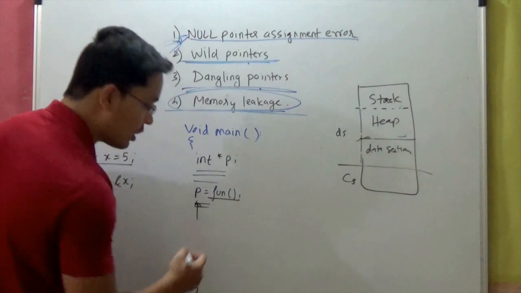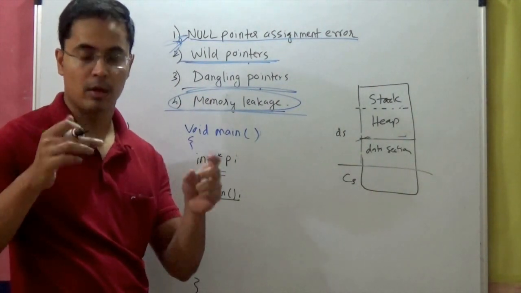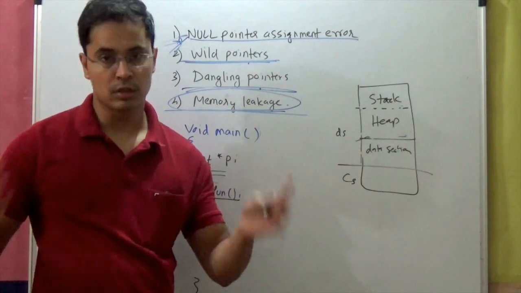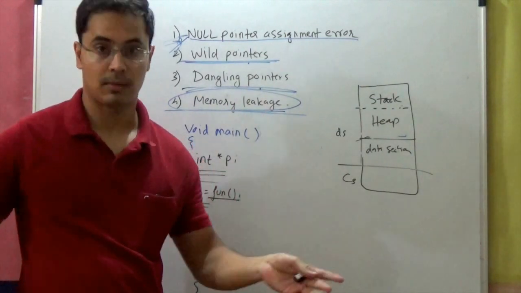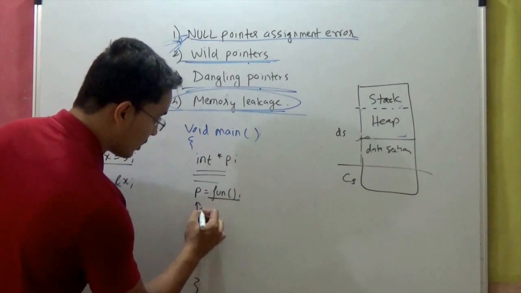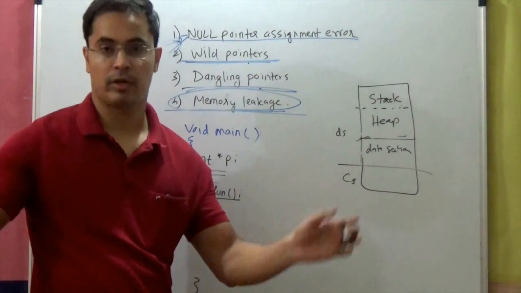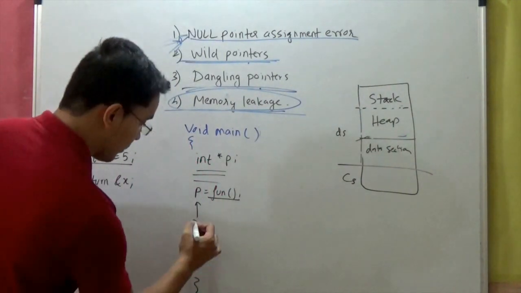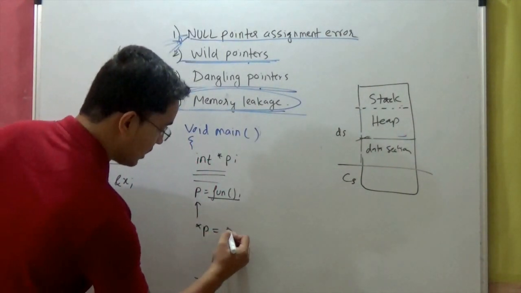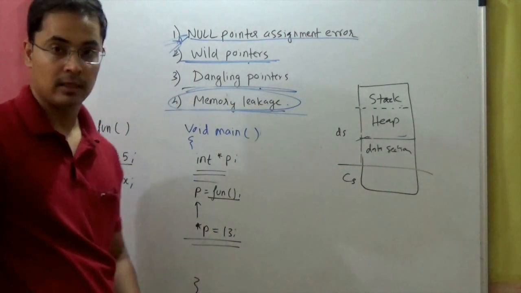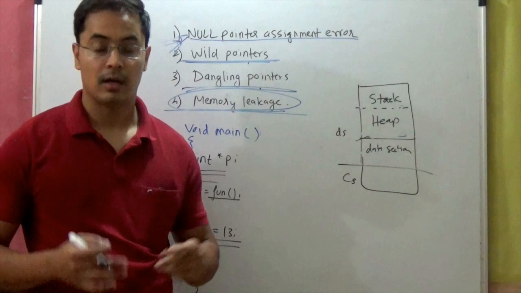So P is holding on to an address, a memory location, which has been deallocated, and that might currently be reused by the operating system for some other purpose. So here P becomes your dangling pointer. It is pointing to a memory which has already been deallocated or freed. So if you try to say star P equal to 13, you try to access that memory location, this might result in an unexpected outcome.